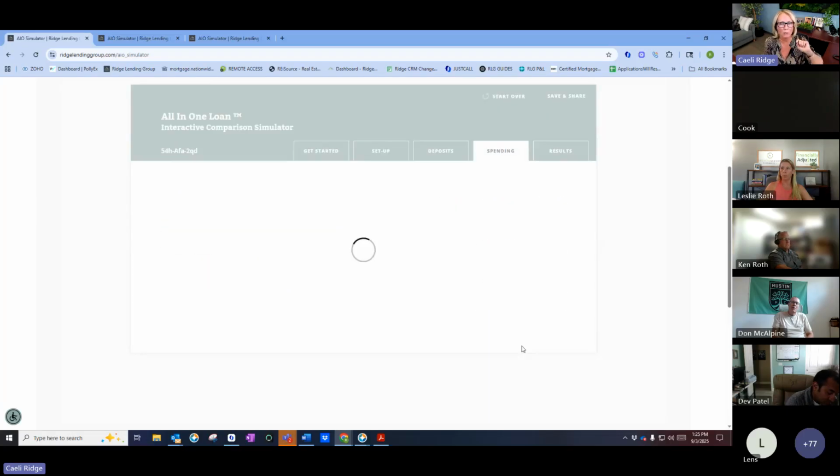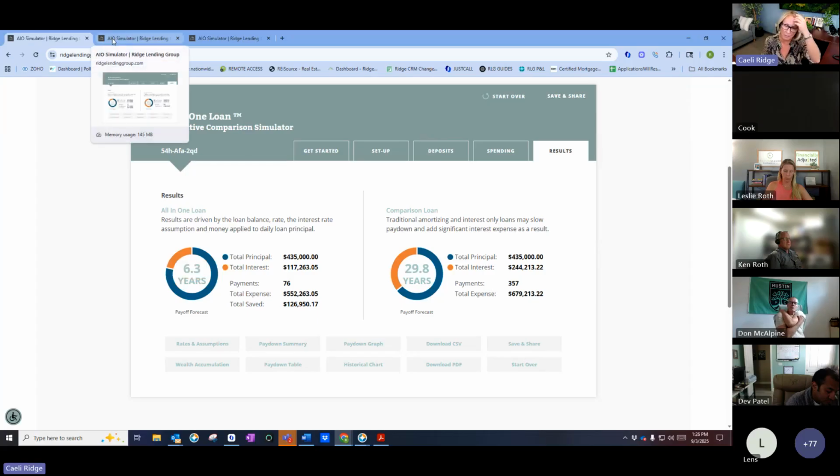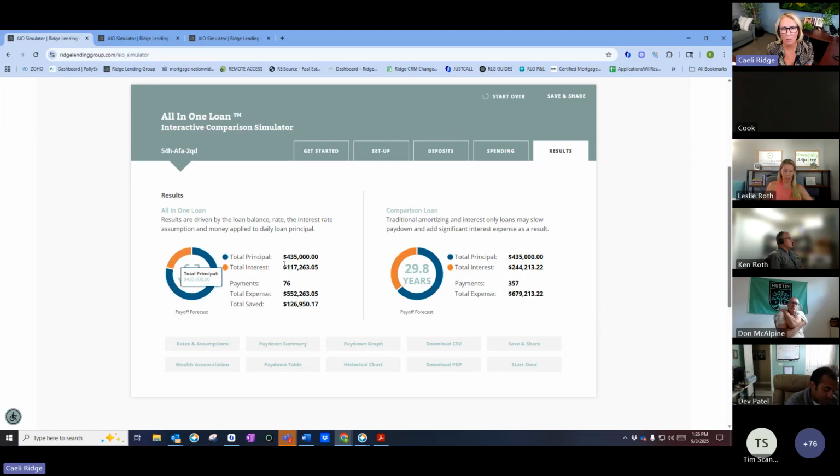As a result, these numbers represent the same thing. Okay, now the 3 purchases, they had to get financing. They got 3 30-year fixed mortgages for each of those investment properties at $200,000 a piece. And that's what the second case study is going to be. We'll get there in a second. So 6.3 years, they paid off $435,000, and they were able to acquire 3 investment properties. Okay.